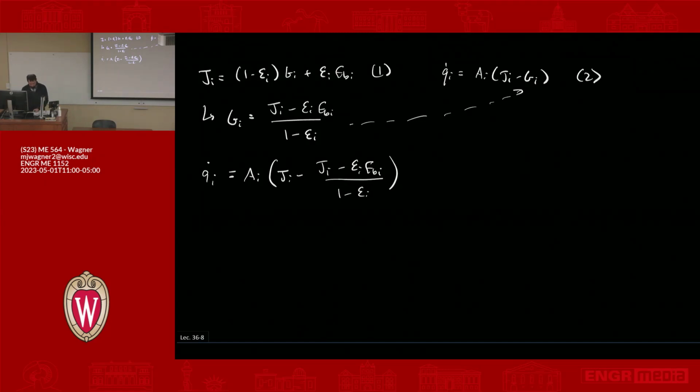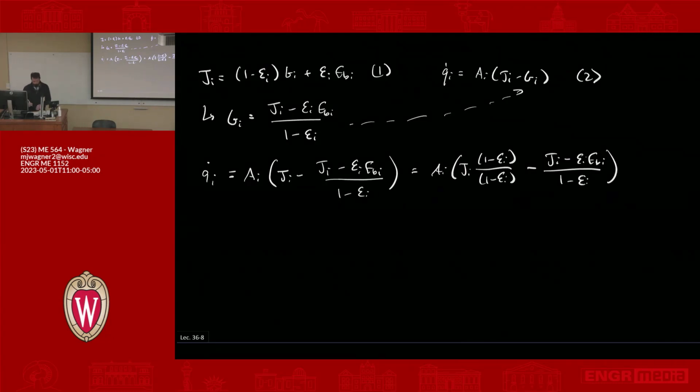It would be AI times JI times 1 minus epsilon I divided by 1 minus epsilon I, which just comes from pulling the JI out of that second term, then minus JI minus epsilon I EBI over 1 minus epsilon I. Okay?